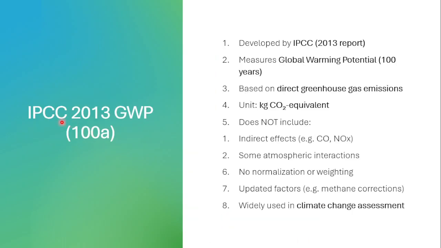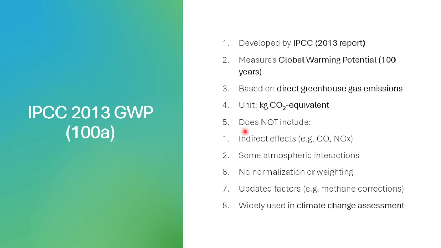Another methodology is the IPCC 2013 GWP 100a. This slide represents the IPCC 2013 global warming potential in the 100 years method, widely used for climate change assessment. It calculates global warming impact based on direct greenhouse gas emissions, with results expressed in kilograms CO2 equivalent.